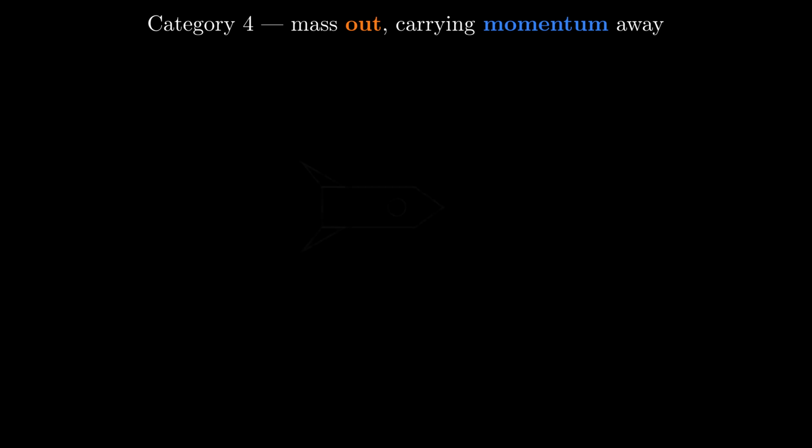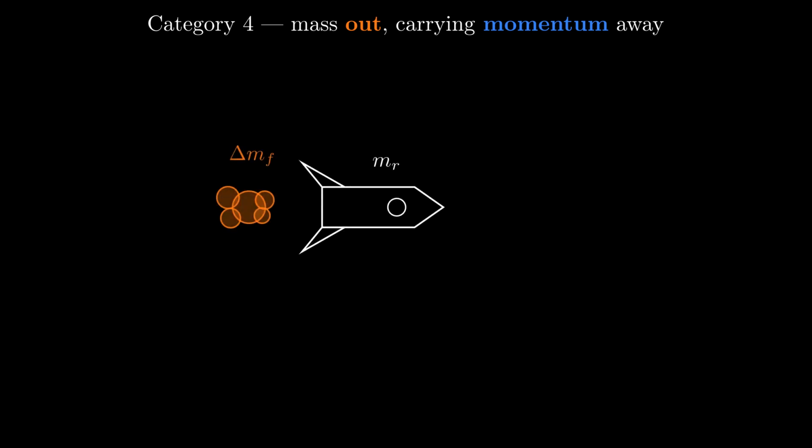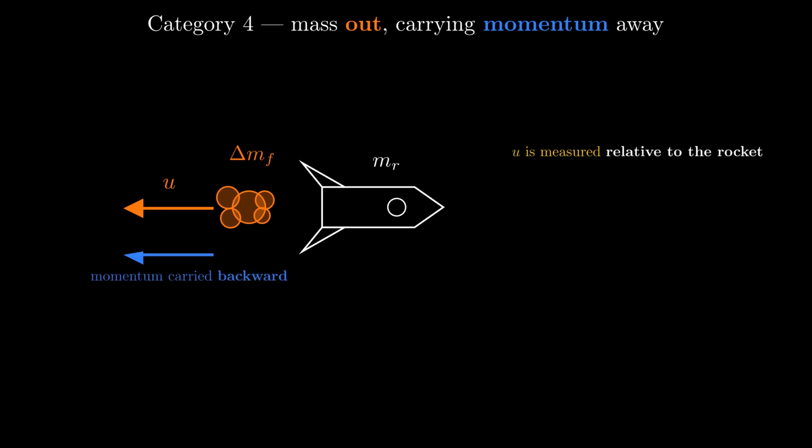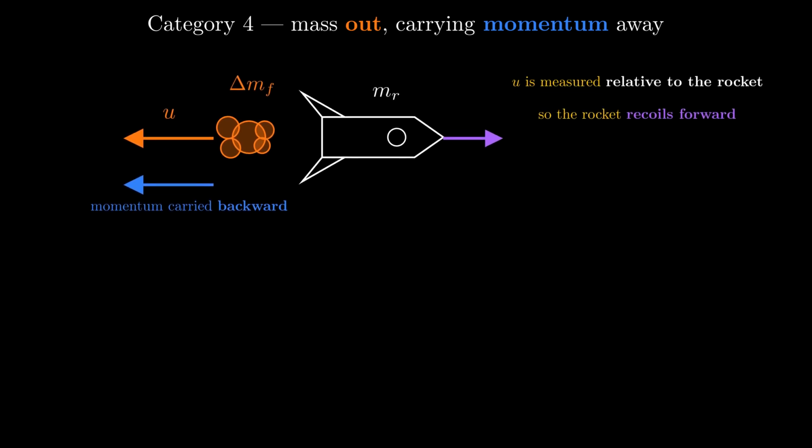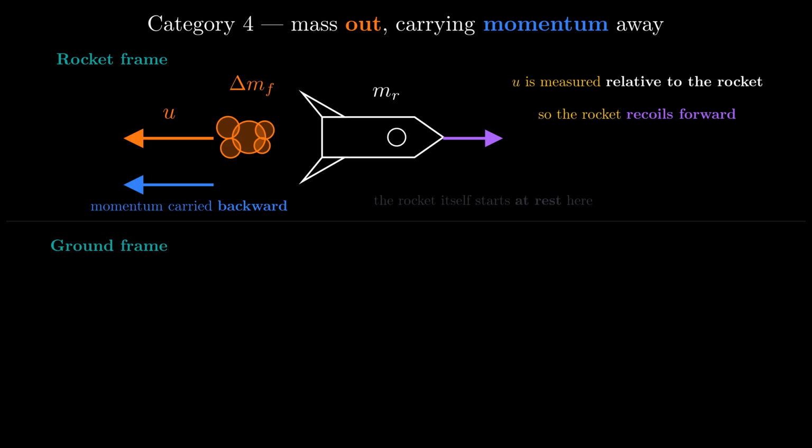Category 4. A rocket of mass m sub r ejects fuel of mass delta m sub f from its back at speed u relative to the rocket. The ejected fuel carries momentum backward and the rocket recoils forward. Draw this in two frames. In the reference frame of the rocket, the fuel streams backward at speed u, while the rocket picks up a small forward recoil speed, delta v sub r.